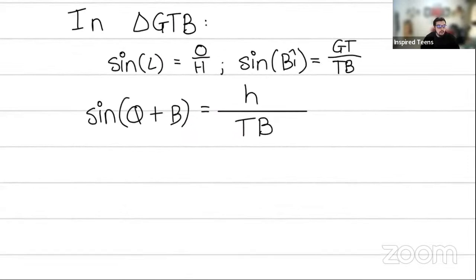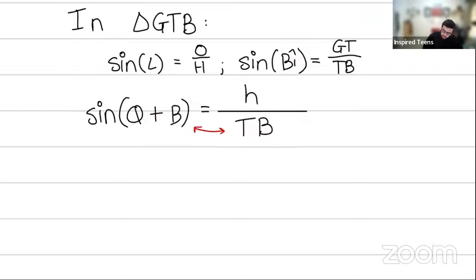And now essentially what you want to do is leave TB alone and have an expression for that bridge. The bridge is TB. Now, a little trick you can do is whenever you have a fraction equated to something, if your unknown is in the denominator, you can simply swap these two.